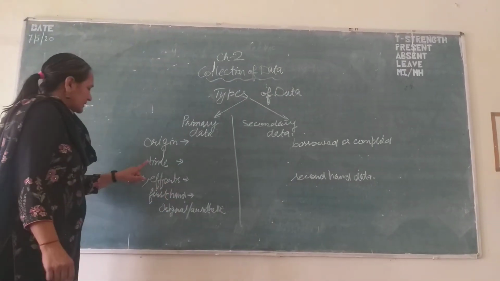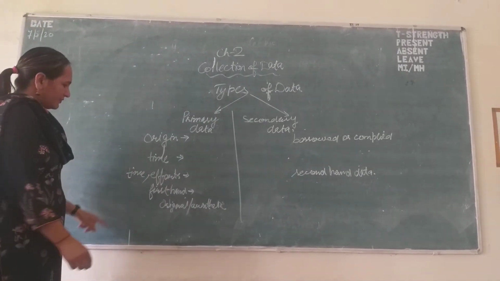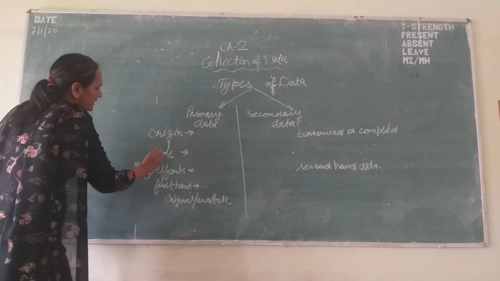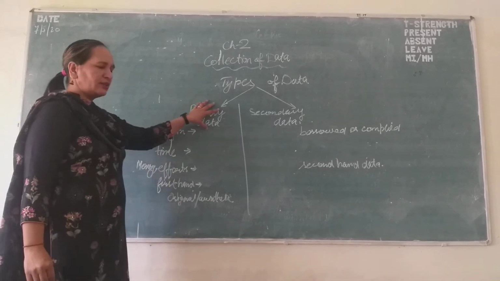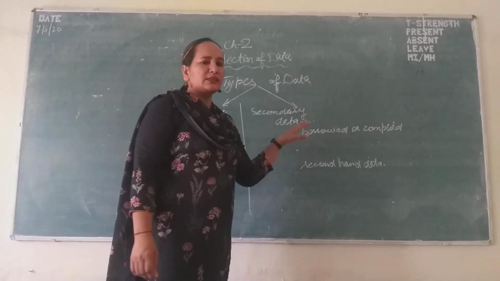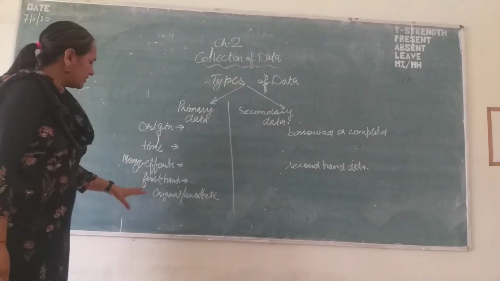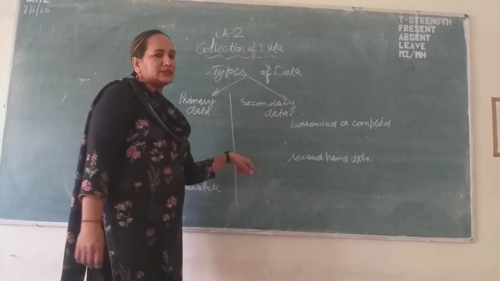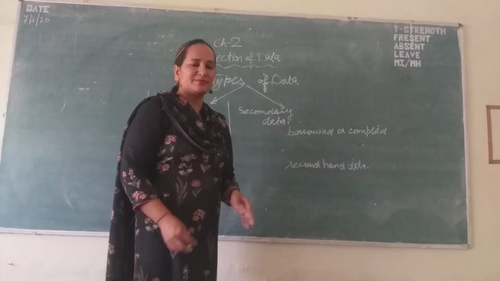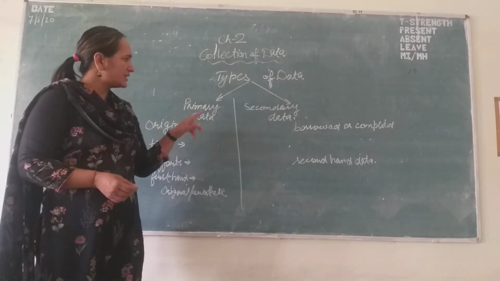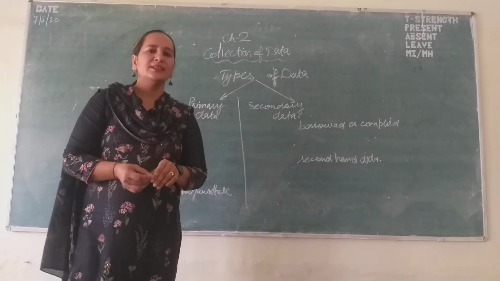Money, time and efforts are required more in primary data. Secondary data needs less money, time and efforts. Primary data is original in nature, authentic. Its authenticity is questionable in secondary data. Hope students the meaning of primary source, primary data, secondary source and secondary data is clear.